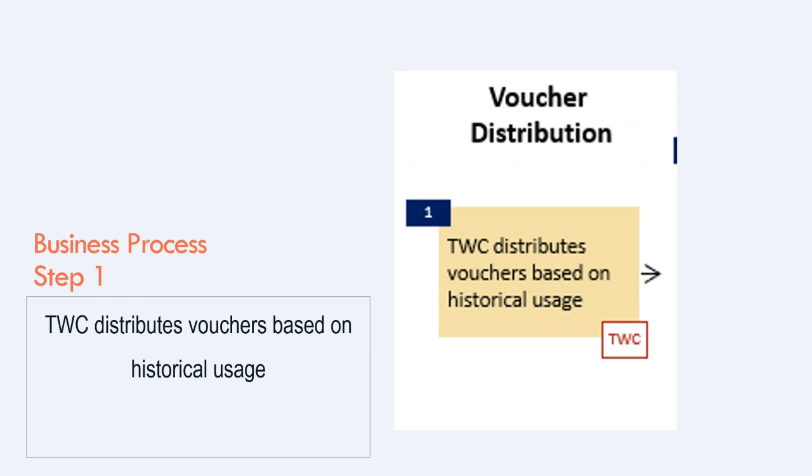So if you're Amarillo College, maybe you had 2.5% of all the tests that were taken in the state of Texas during that time frame. And that's how we're making some determinations on how the voucher distribution will happen.